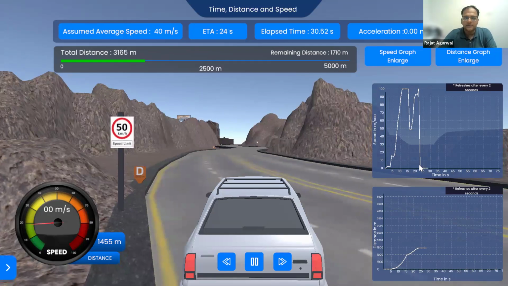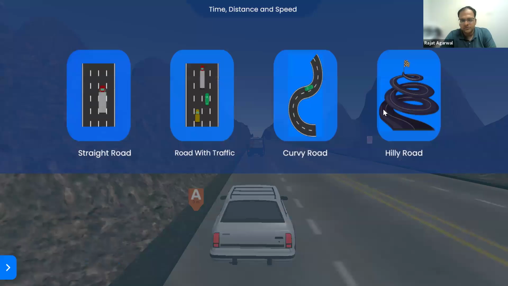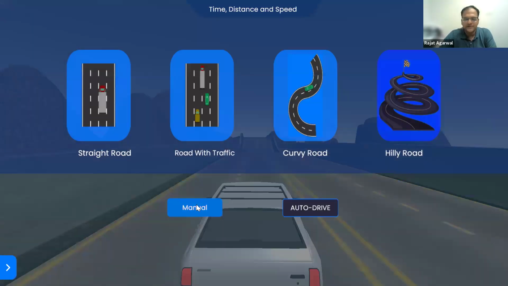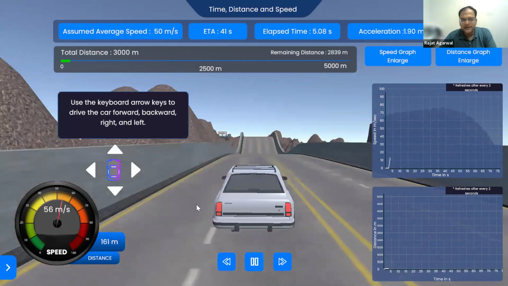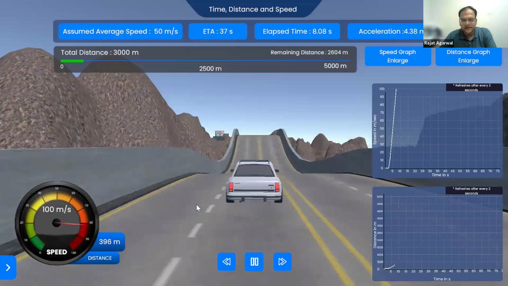This is something which is great because where else would you find a simulation which actually gives you a game to be played and then shows you the difference between how speed, time, acceleration, all of these things get affected. So this is a mountain road.